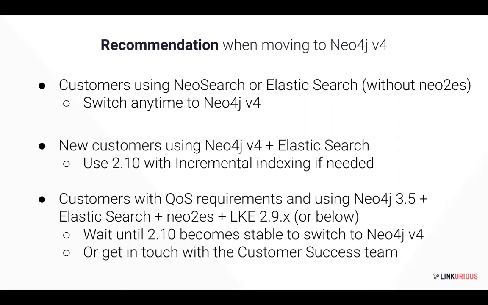So we recommend that you wait for the stable version of 2.10 to install 2.10 and to switch to Neo4j v4. And we would advise you to get in touch with the customer success team if you are considering this move.